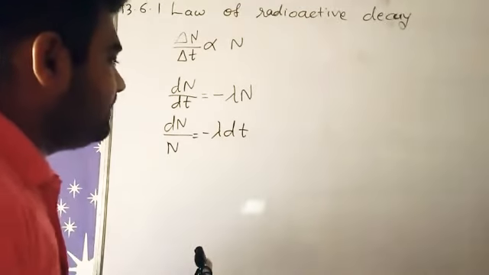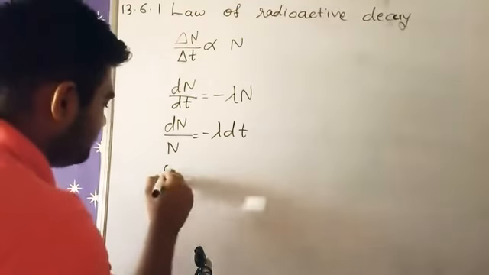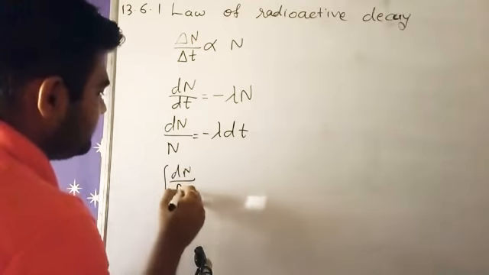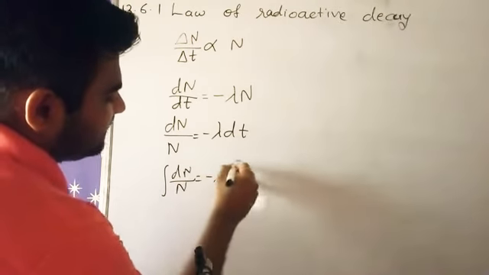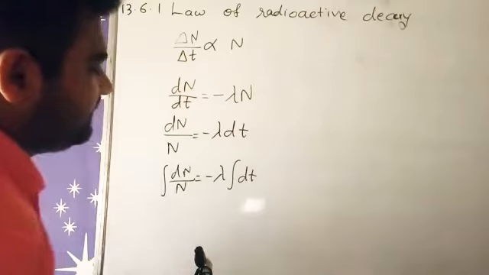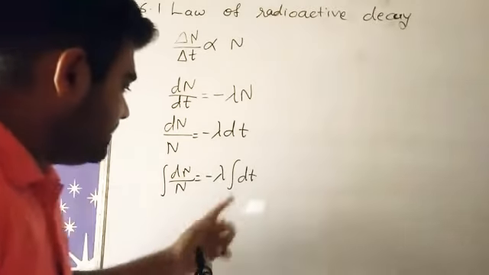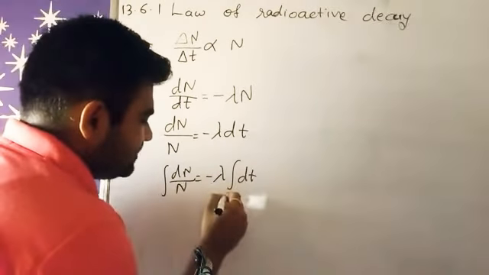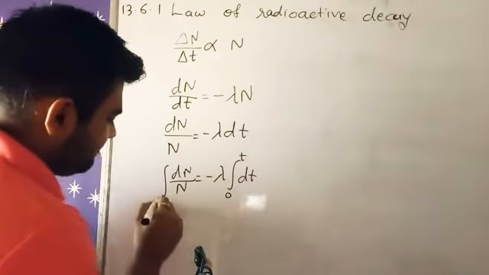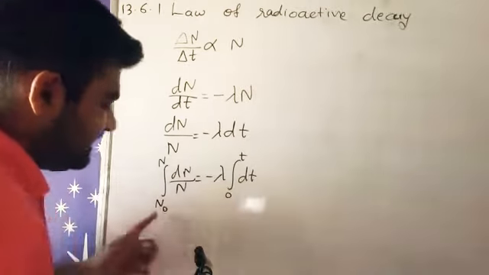Now we can integrate this equation: integration of dN by N is equal to minus lambda constant times integration of dt. The integration on the right is from 0 to t, and on the left from N0 to N. So what is N0?